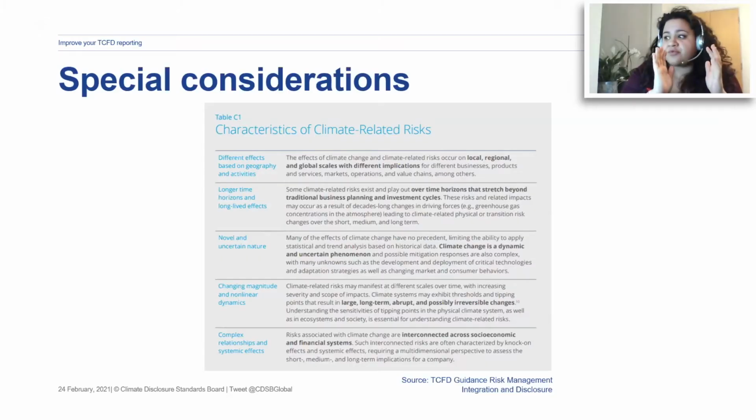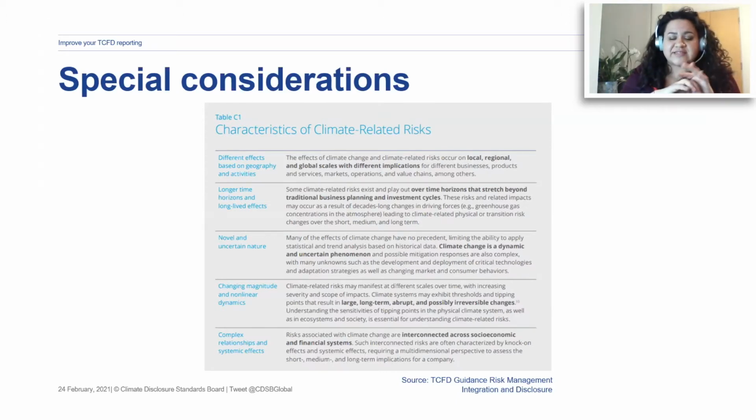In the same vein, there are some special elements that you need to consider with climate change, and I will whip through some of these quite quickly because alongside the status report, the TCFD also published additional guidance, and this extract was taken from their guidance on risk management, integration, and disclosure.